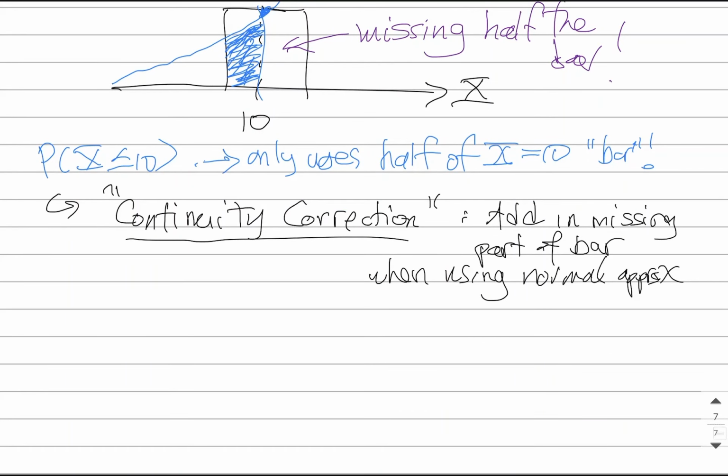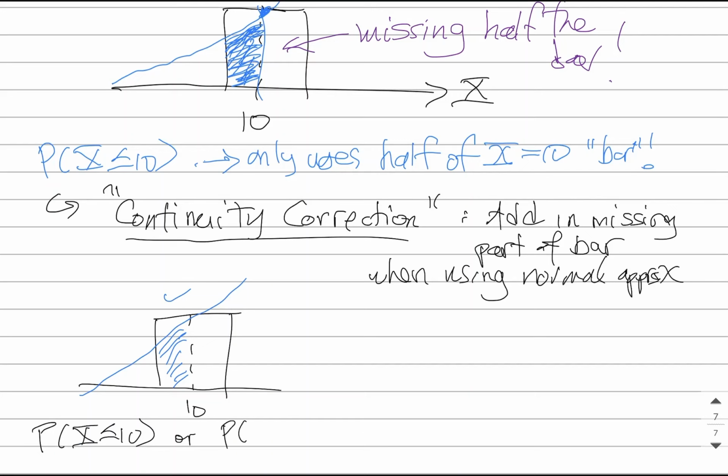So if we were to talk about these situations like we've got here, again, here is our bar at 10, and we've got our normal curve kind of going through. This is the part that's included. So if we were asked the question, probability x less than or equal to 10, or probability strictly less than 10, this is the part that we need to include. So we have to include this, and that means we are going to move the value of 10 over a half step.